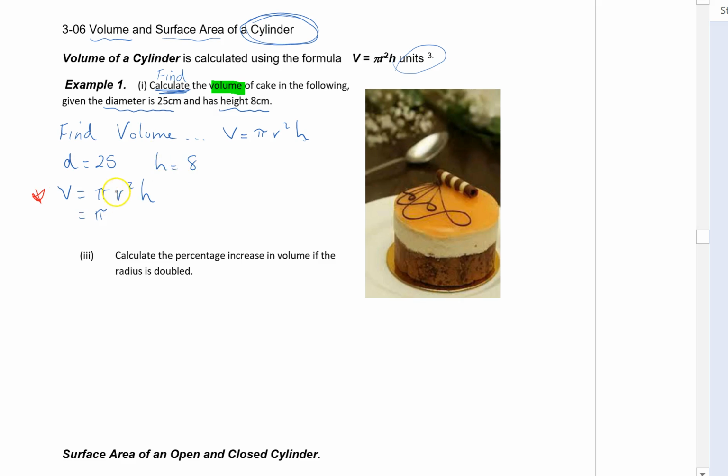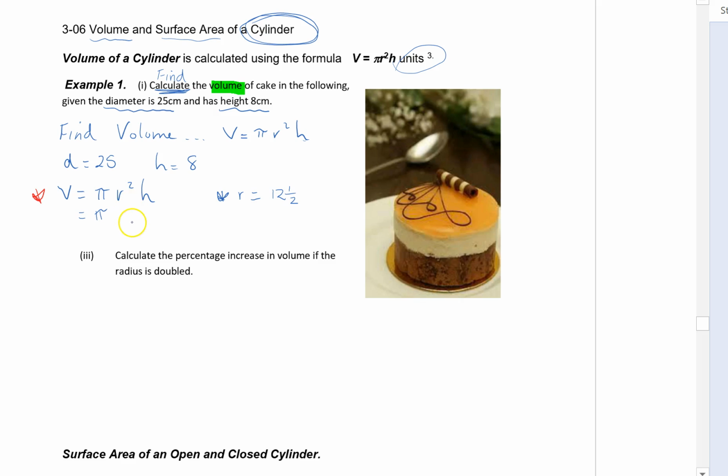Where is the r? Well, now we go back to what information was given. We were given that the diameter is 25. So from that, we can establish that the radius is only half, which is 12.5. It's all these little things that you really have to be registering. Don't take anything for granted.